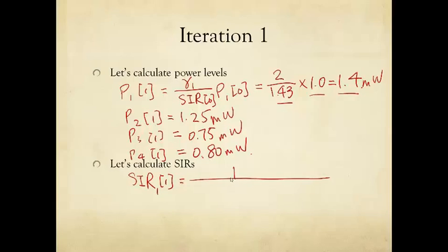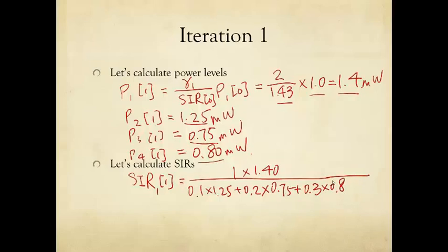Again, direct channel gain is 1, multiplied by the new power, which is 1.40, divided by the interference channel gain 0.1 times the new power 1.25, plus the interference channel gain 0.2 times the new power 0.75, plus 0.3, the interference channel gain multiplied by the new transmit power 0.8. This is the interference plus the noise, and you get 2.28.